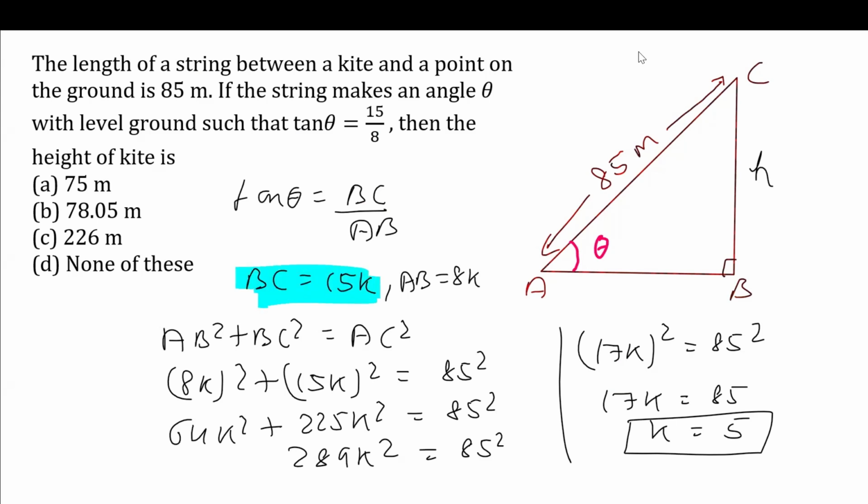BC is 15 times K, and K is 5, so that is 75. That's how we will do this question.